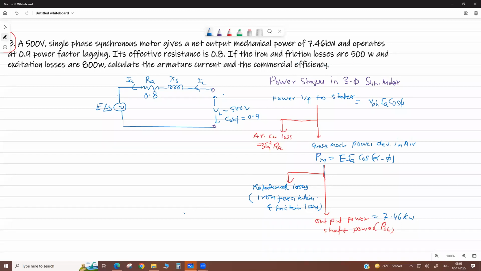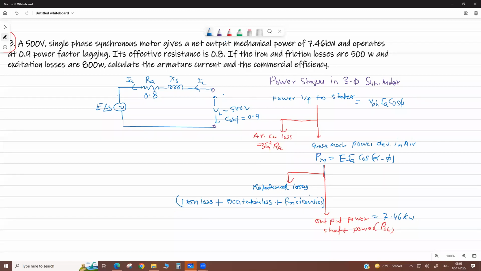Actually we write this rotational loss as iron loss, meaning core loss, plus excitation loss, plus friction loss. It is the sum of all three.